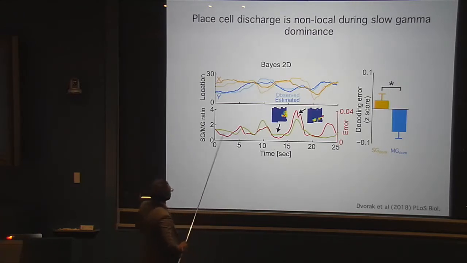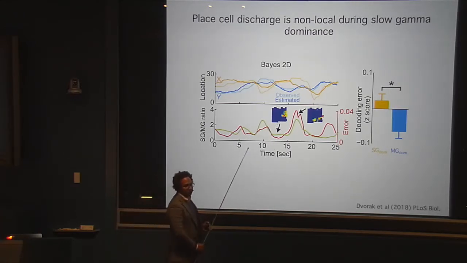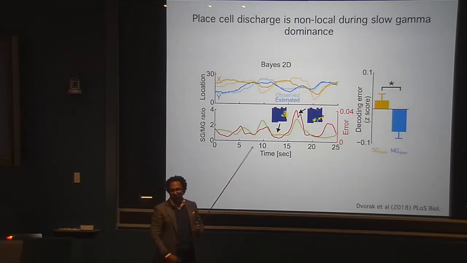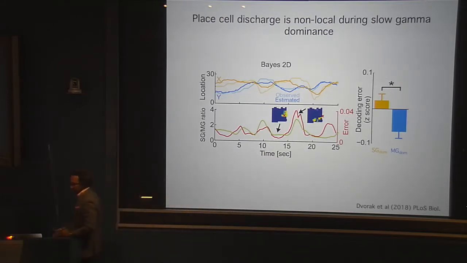And when this ratio is low, we actually turn out to decode accurately. So the activity, this is in a normal mouse, is changing as the animal walks around. Sometimes it's signaling where it happens to be, and at other times it's signaling some other location in the space. What is that other location in the space?